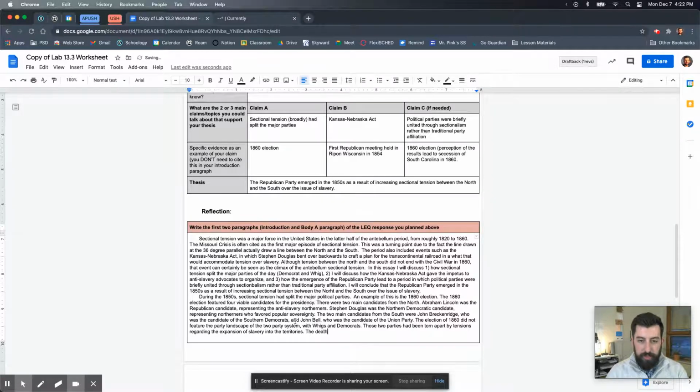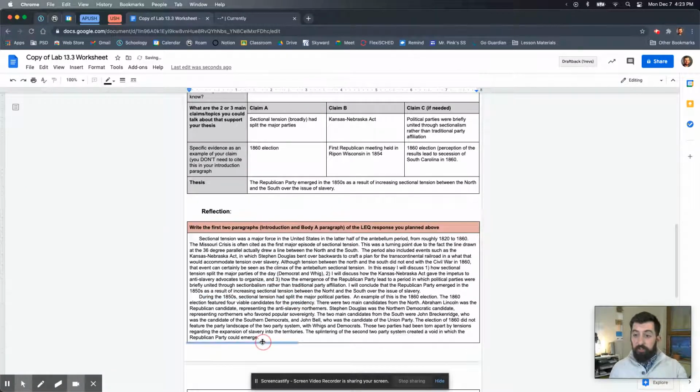The splintering of the second two-party system created a void in which the Republican Party could emerge. Okay, so there I've not only tied my evidence back to my subclaim right here, I've also tied it back to the thesis.